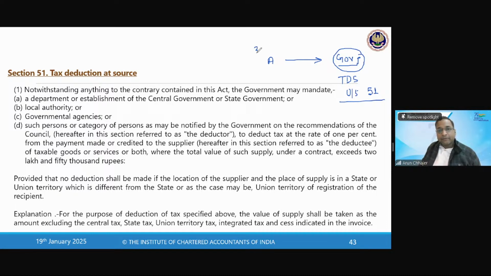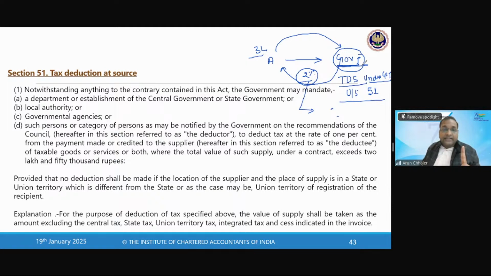Suppose he is making a supply of 3 lakh rupees to the government, then the government will deduct TDS of 2% and then deposit the same to the GST department. This TDS which the government has deducted, I am talking about TDS under GST. I am not talking about the TDS under income tax.